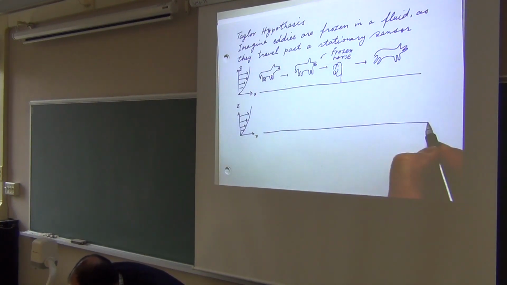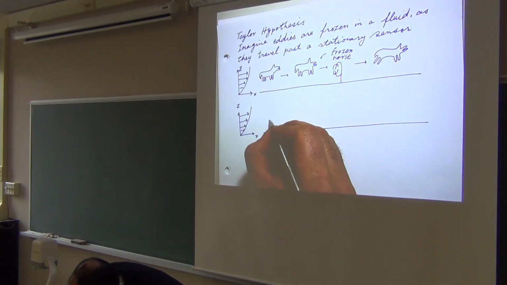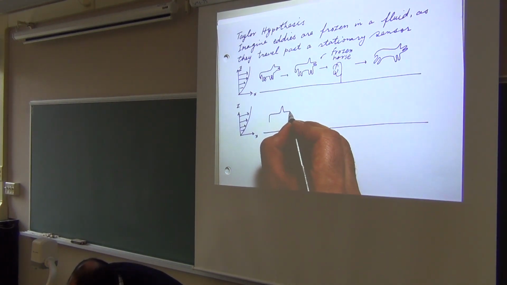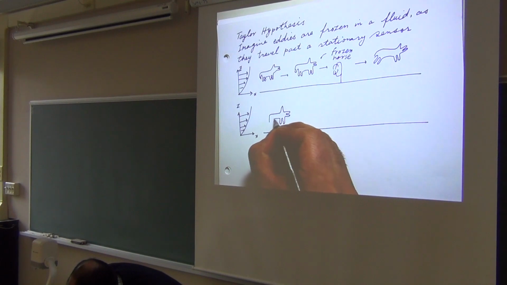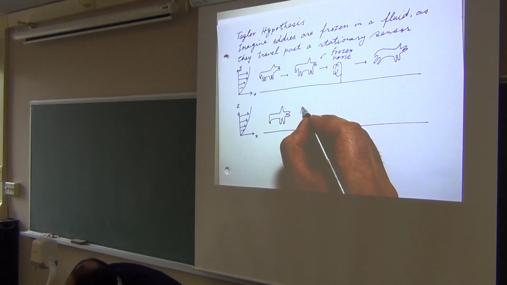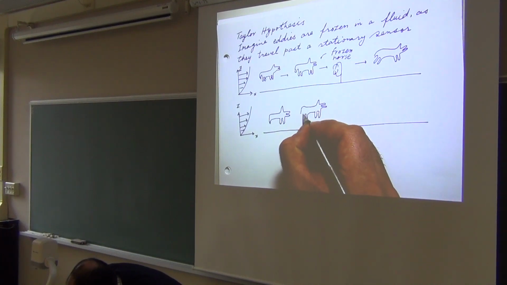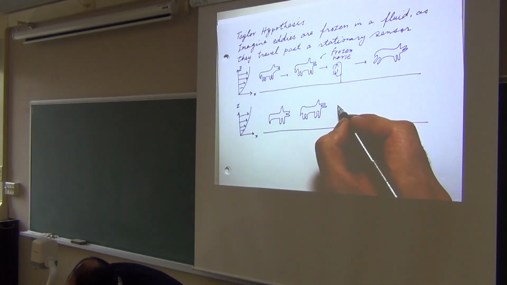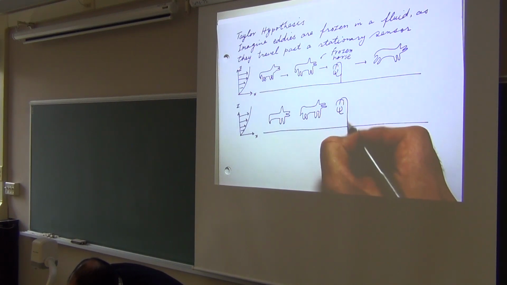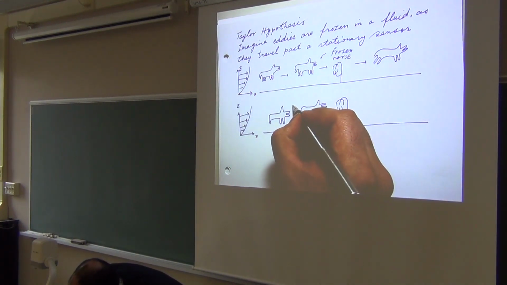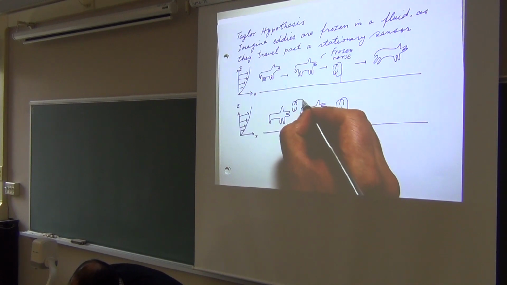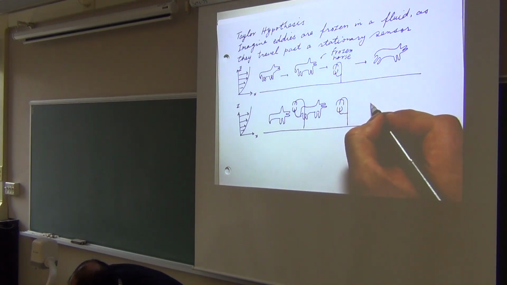So with one sensor, I can measure the same flow. With one sensor, I can measure the same statistics as if I would have had 2 sensors.